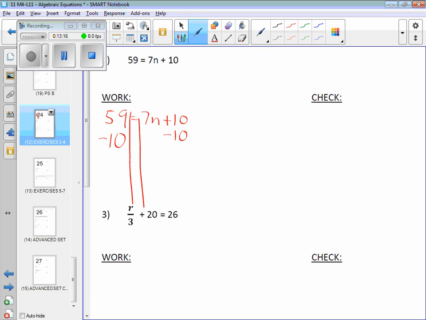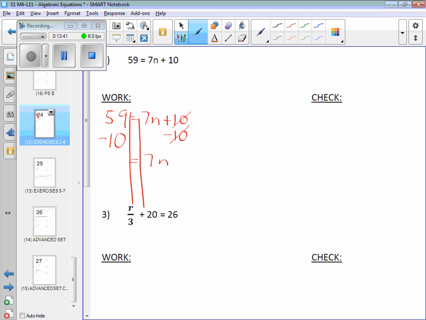What cancels out? What's left on that side? Don't let it confuse you if that variable's on the other side. It'll still work out perfectly.